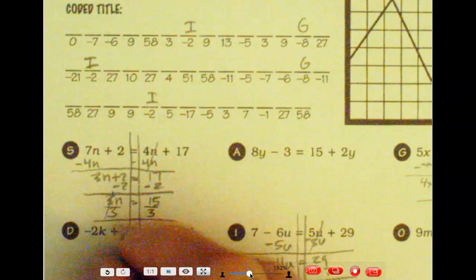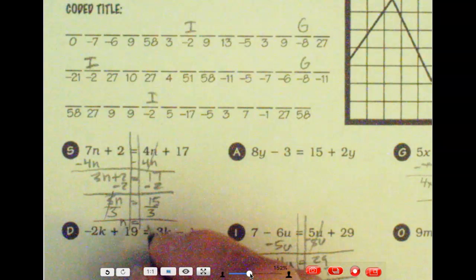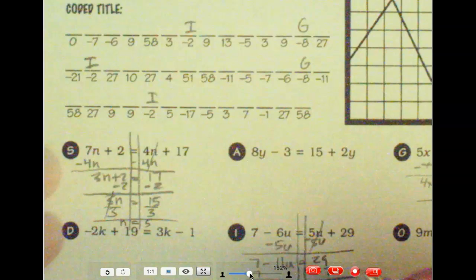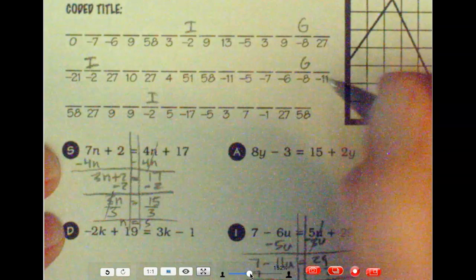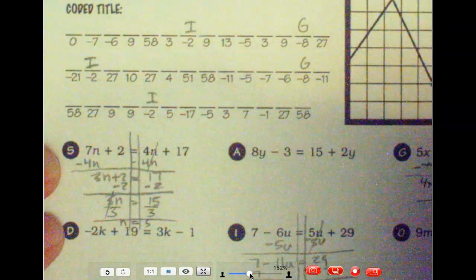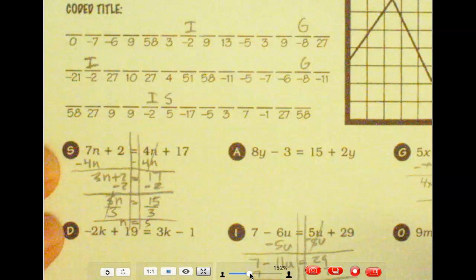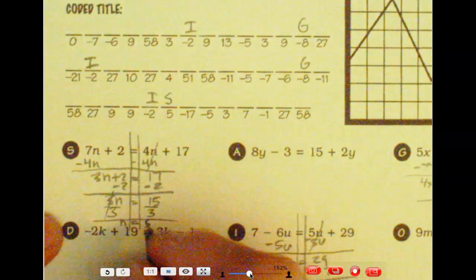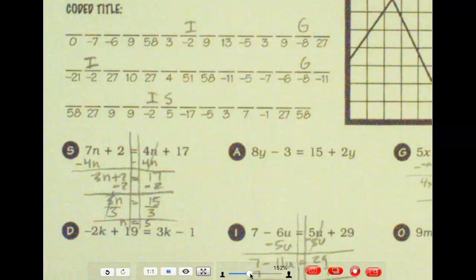These cross off, you end up with n equals 15 divided by 3 is 5. So we'll put an S in where there's a 5. I'm sure there'll be a few of those. Actually, just one, maybe. Okay. Again, we can check it out later if we miss something. We always have our answers right there.